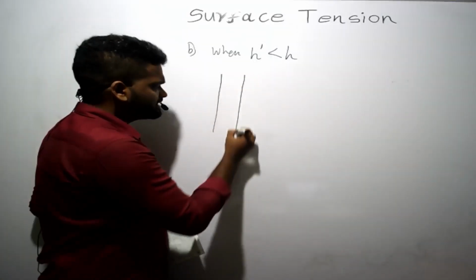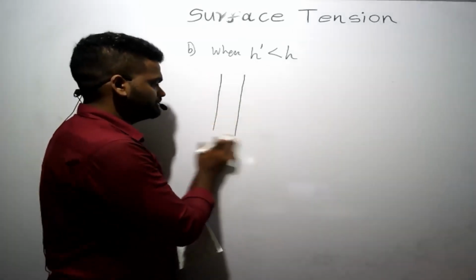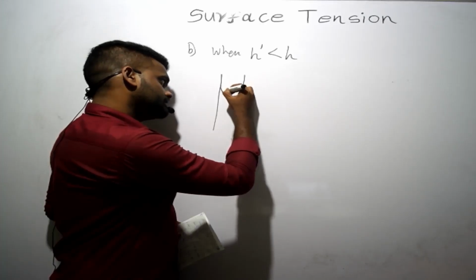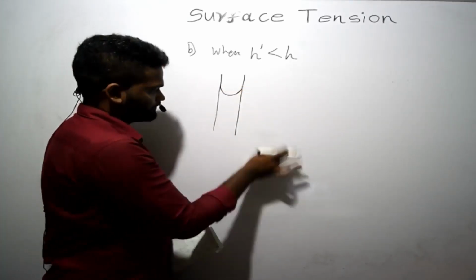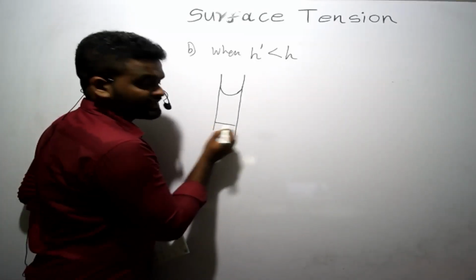Top meniscus does not change. It is hemispherical. It is not under any influence, so it remains the same hemispherical shape. Initially the bottom was flat.